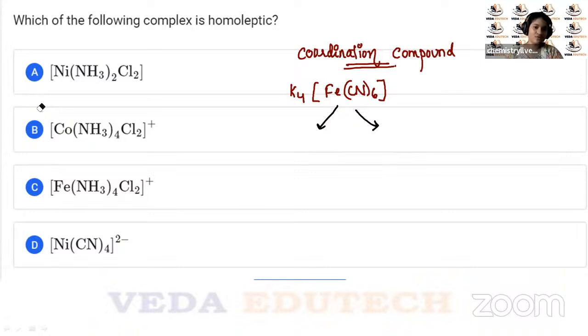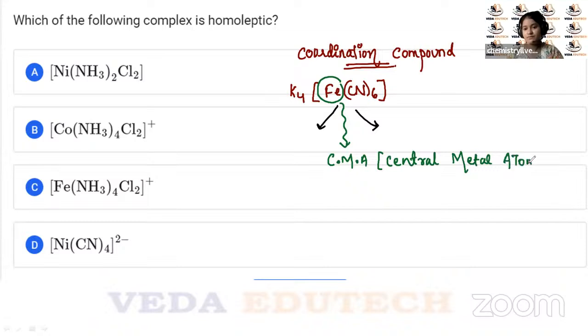Now what happens in case of coordination compound, children? We have a central metal atom, right? This central metal atom is generally a d block element, which is bonded to some species which are called your ligands.